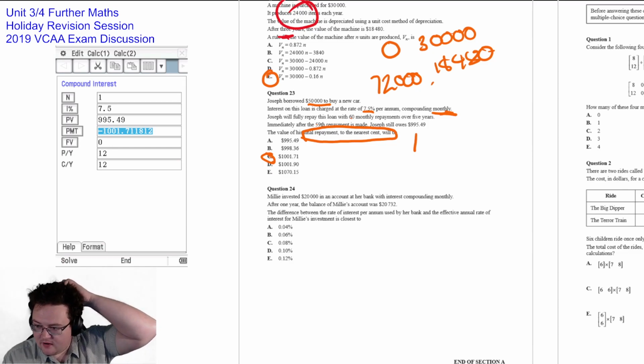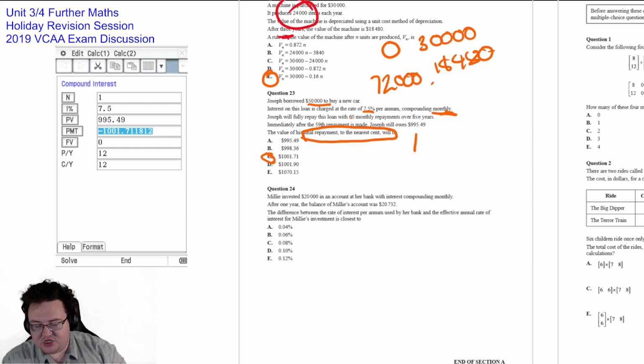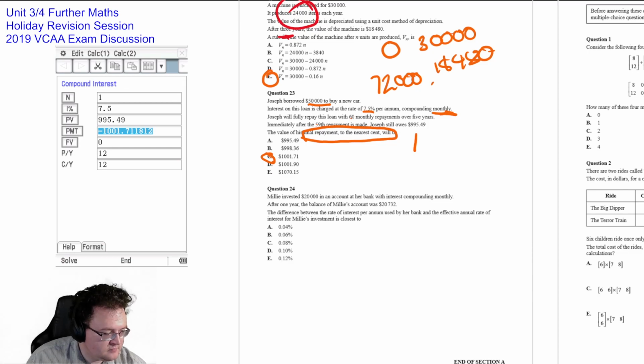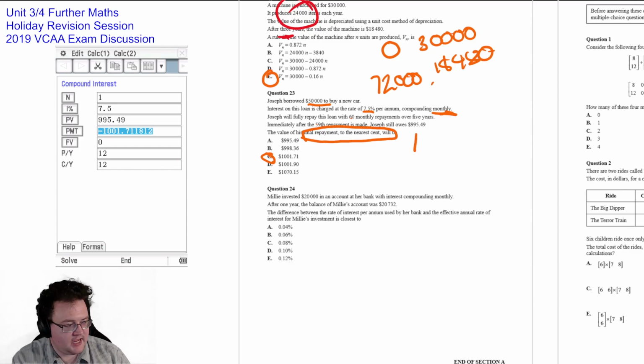So we're talking about the rate of interest used by her bank and then her effective interest rate. If we go into our CAS financial solver, compounding monthly after a year, so that's 12 months.